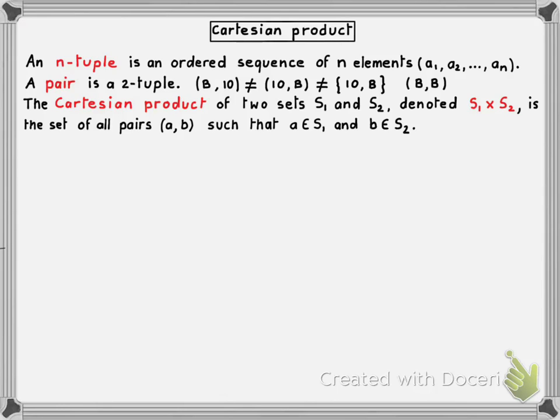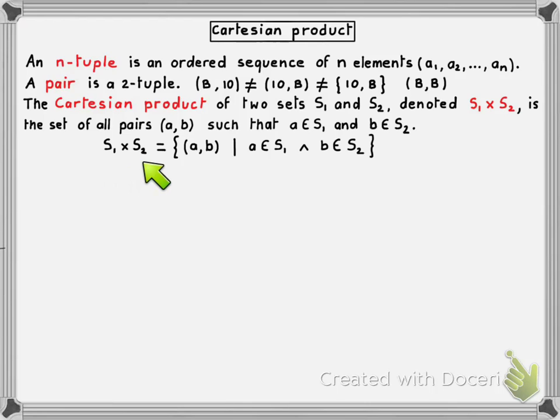So to be clear, the Cartesian product is a set, and the elements in that set are pairs or tuples. So now we're combining the concepts of sets and tuples. So the Cartesian product is a set of tuples, not a tuple of sets. So the mathematical notation for this English definition is the following.